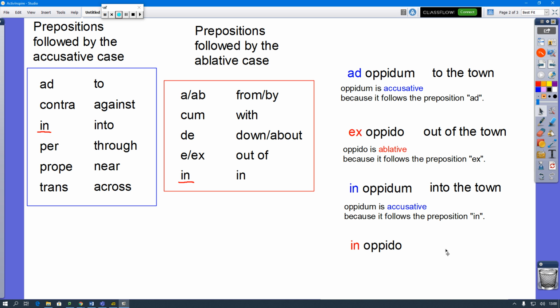It's accusative because it follows the preposition in. If, however, I have the ablative case, and you'll see with the ablative case, we don't have a Marks and Spencer's ending: in oppido, in the town. Oppido is ablative because it follows the preposition in.